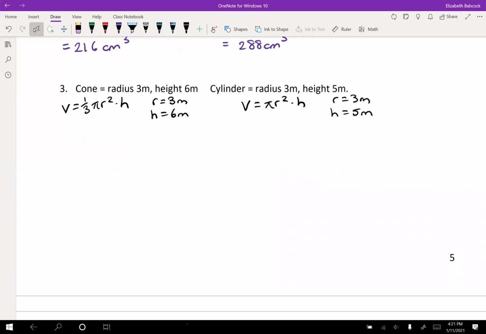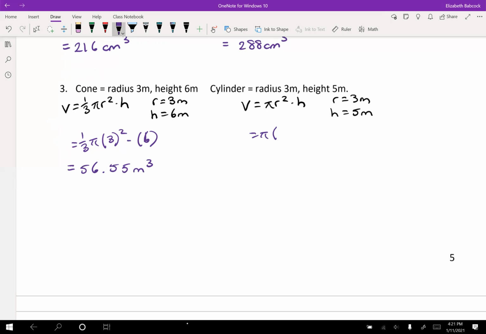Now we are looking at cone versus cylinder. Note they are not the same height while they are the same radius. Pi radius squared times height, 56.55 meters cubed.